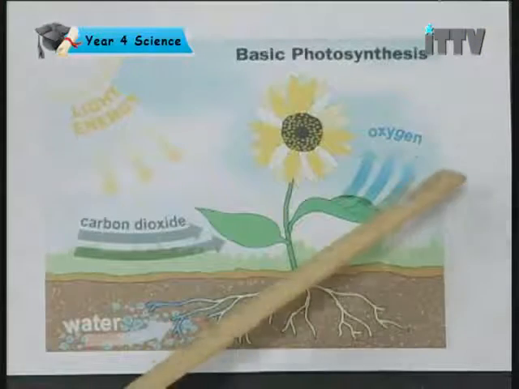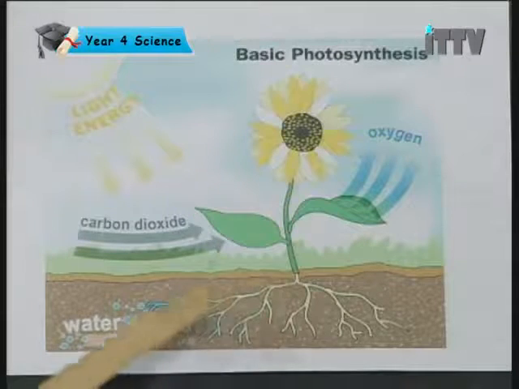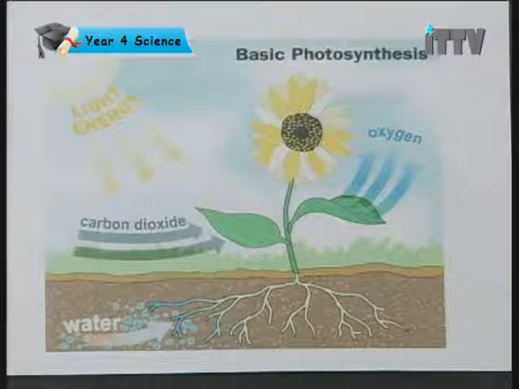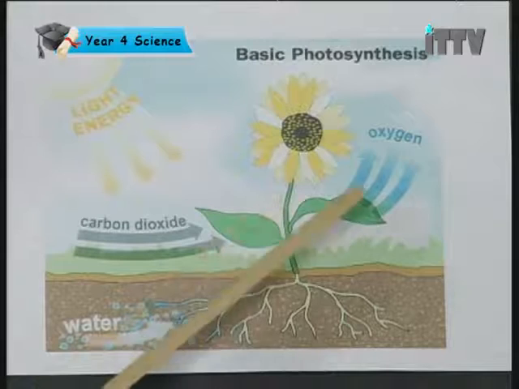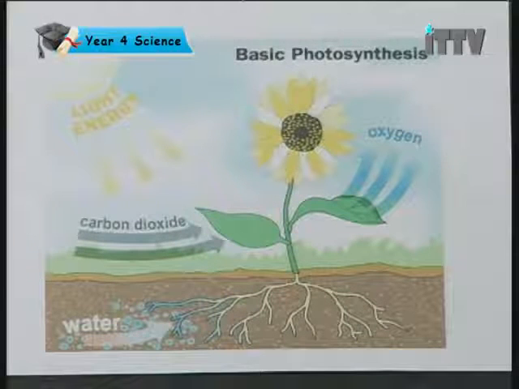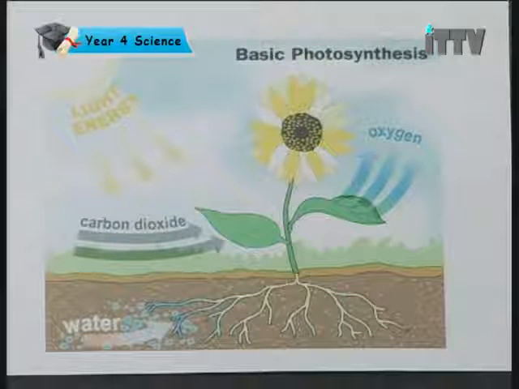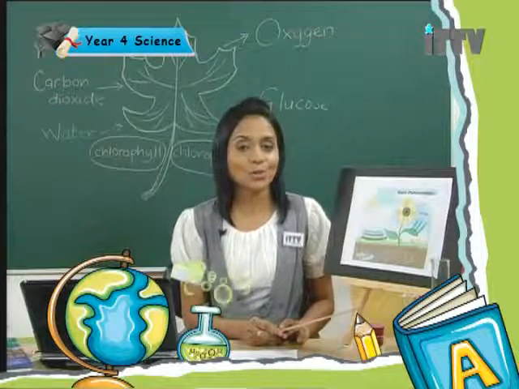Let's look at the gas oxygen. After the process of photosynthesis, oxygen is released by the plant to our surrounding air. Now, remember, this oxygen is thus used by humans and animals for the process of respiration.